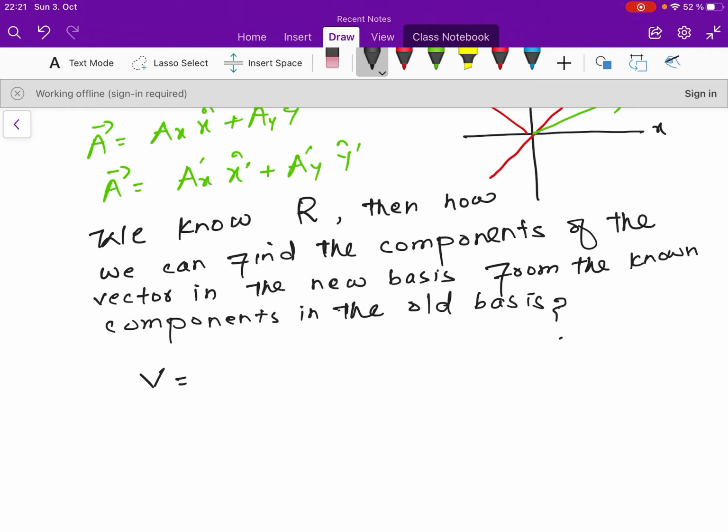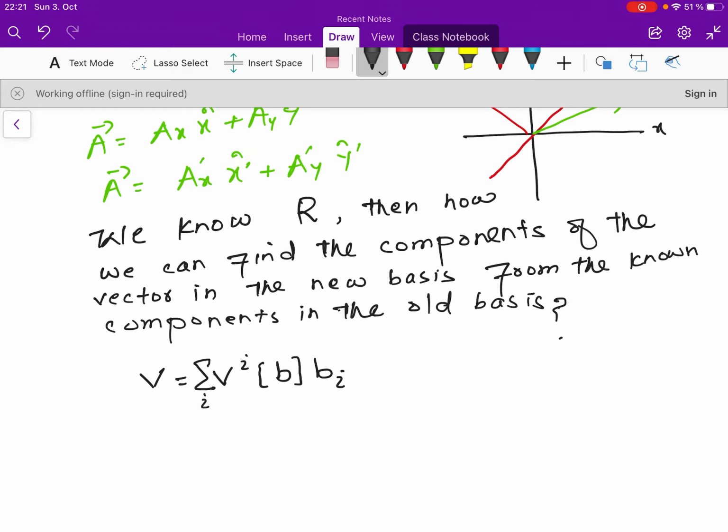So this vector v in the old coordinate system will become v^i, the ith component in the old basis, times b_i. If you consider the Einstein summation, then we don't need to write the summation symbol.